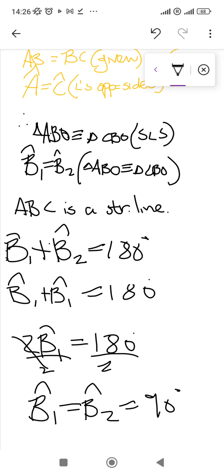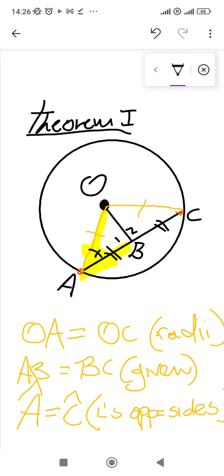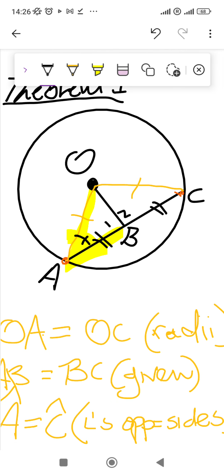Let's go back to our picture quickly. What we're saying is this. Let's see, maybe I can erase some of this for us. We are saying that if you are given this image, which tells us we have a line from the center OB to the chord, and that line is at the midpoint of the chord.